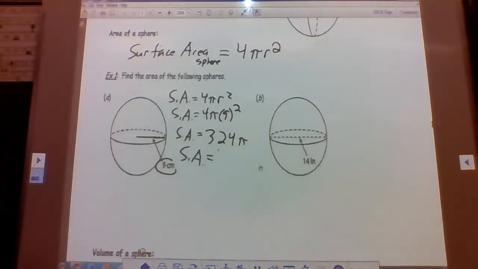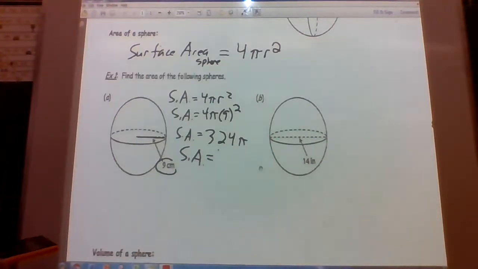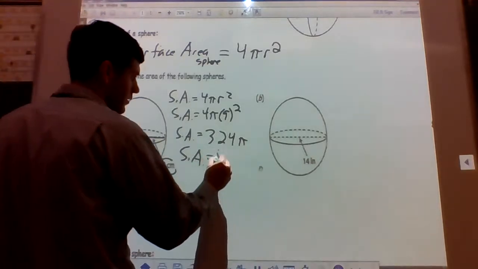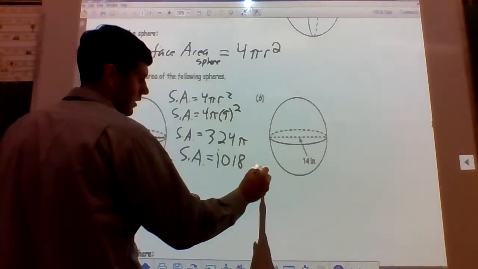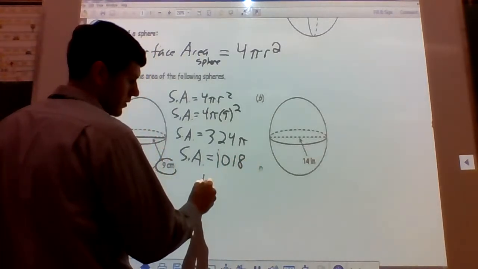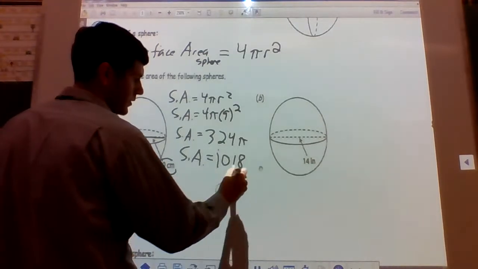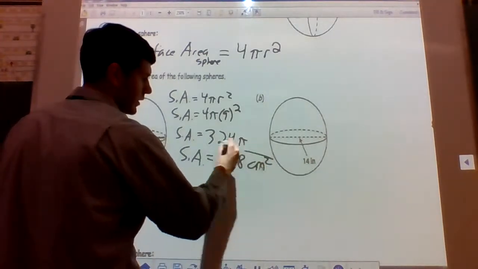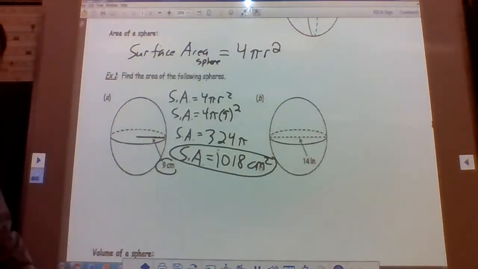But if we multiply it out, we're going to get almost 1,000, right? 1,018. The units here are centimeters squared. So it's area, so we're using square.